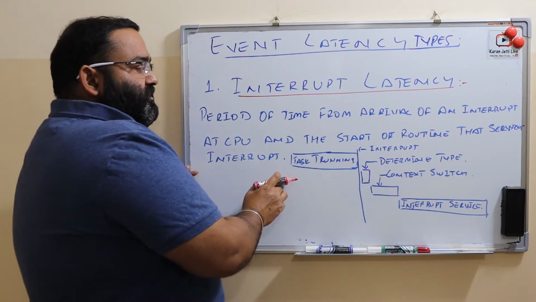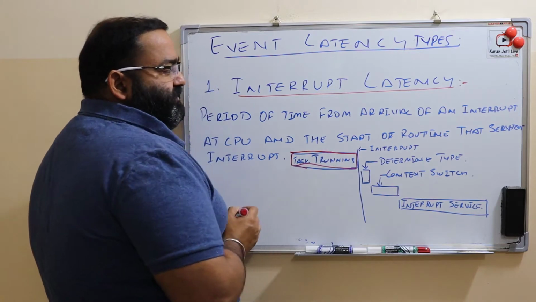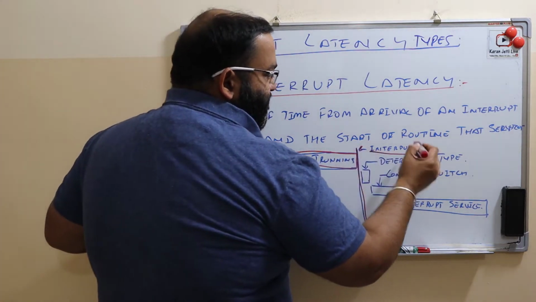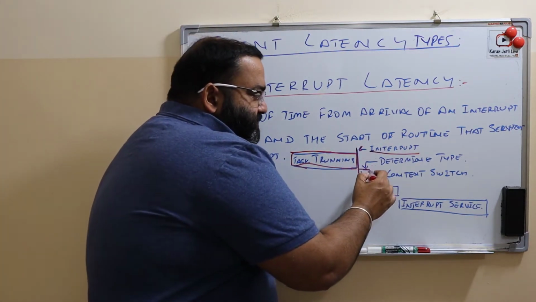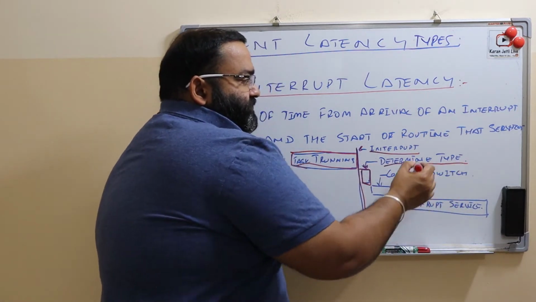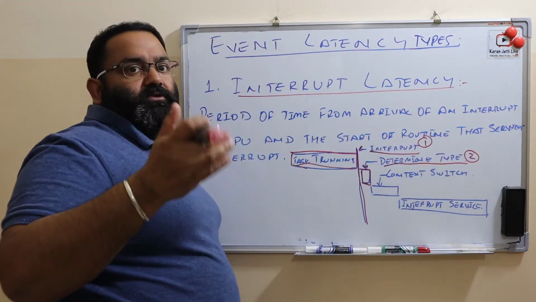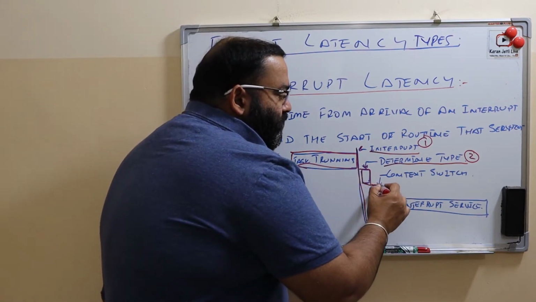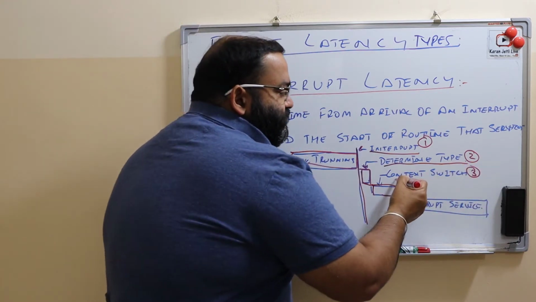For example, in the CPU some task T is running, and at this point an interrupt came. This much time is taken by the CPU to determine what type of interrupt it is. Number one, the interrupt came. Number two, the CPU took some time to determine the type of interrupt. Then the CPU did the context switch. Number three: what is a context switch?